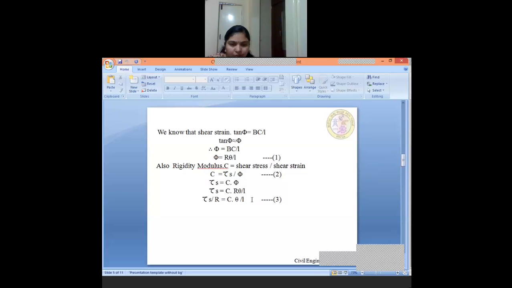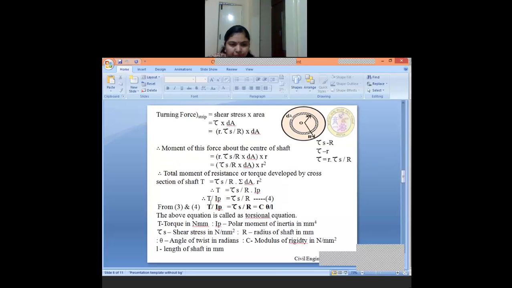So what is equation 3? Tau S by R is also equal to C theta by L. We just use it here. T by IP is equal to tau S by R, which is also equal to C theta by L. This equation is called the torsional equation. T is torque in Newton millimeter. IP is polar moment of inertia in mm to the power 4, since it is a circular section where we use polar coordinates.